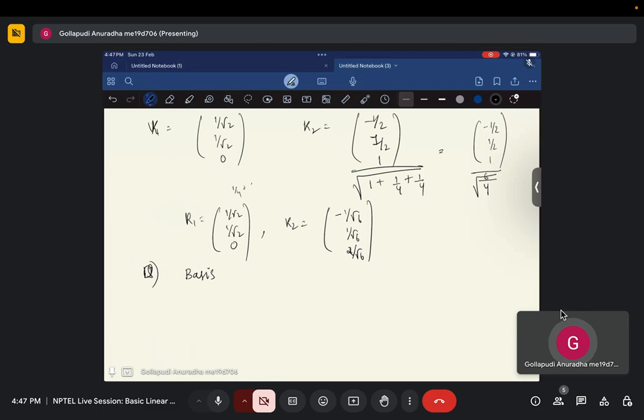Okay, so one question here. If the basis is already orthogonal, and you are doing the Gram-Schmidt process for that, what will happen? You are given a basis which is already orthogonal, and you do the Gram-Schmidt process. Then what are you going to get?